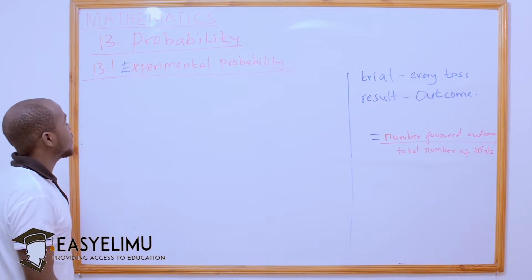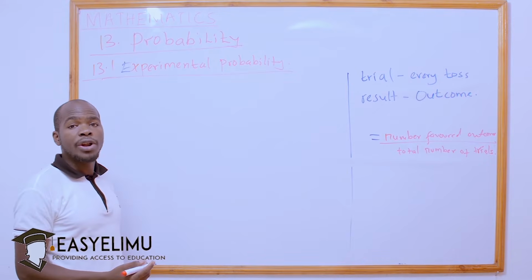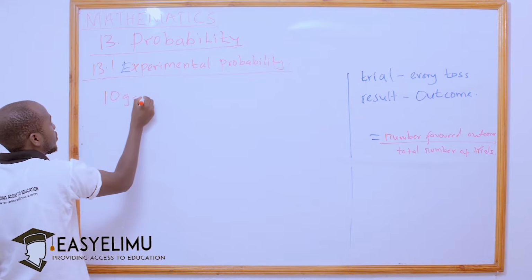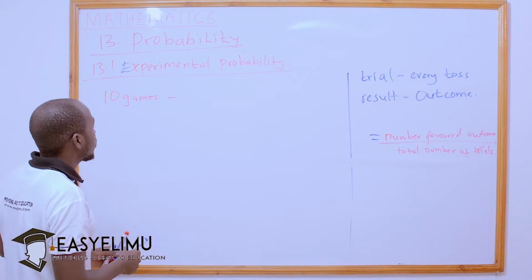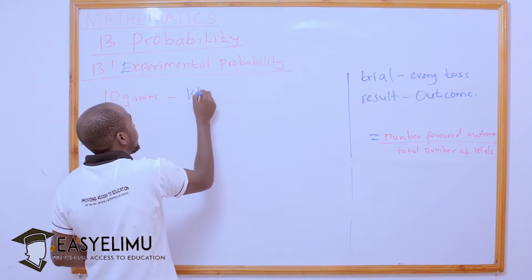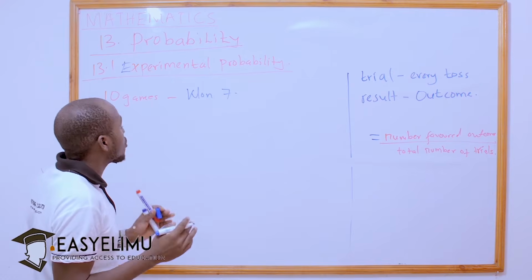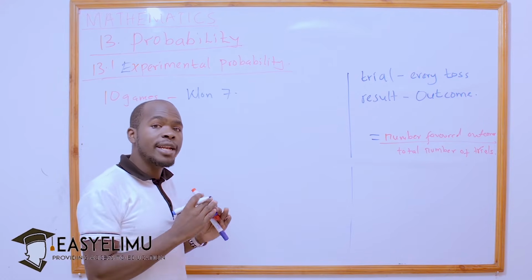Let's see how we may give a solution to that. We were informed that a school had already played 10 games, and out of these 10 games, it had won 7. So this is an experimental probability where an experiment was done by playing the game.